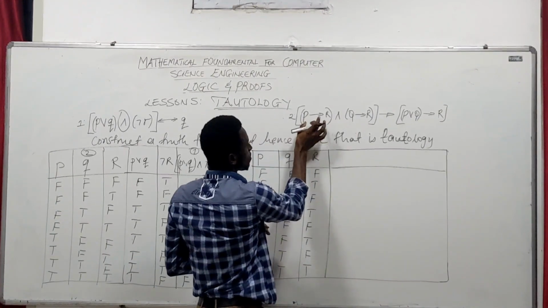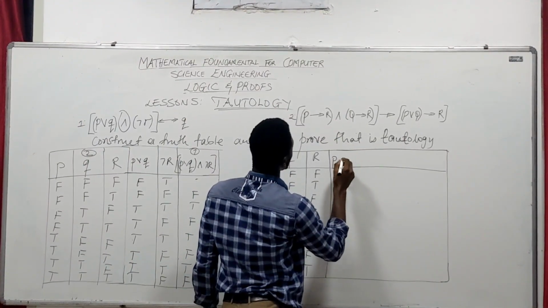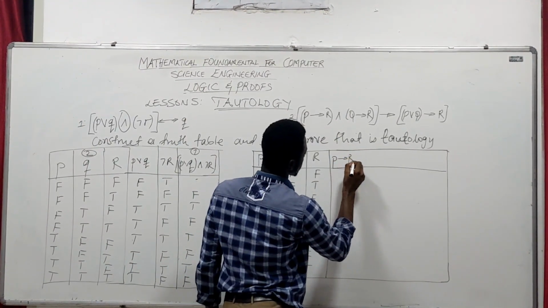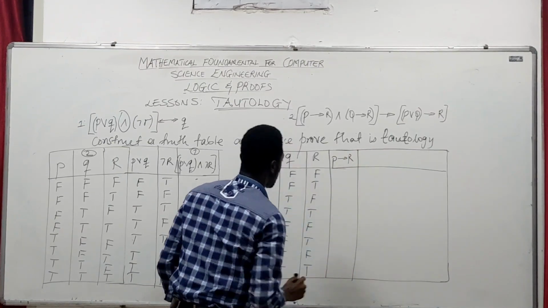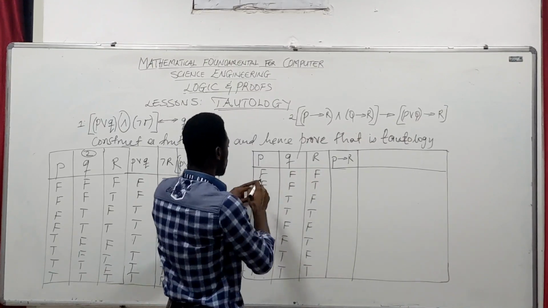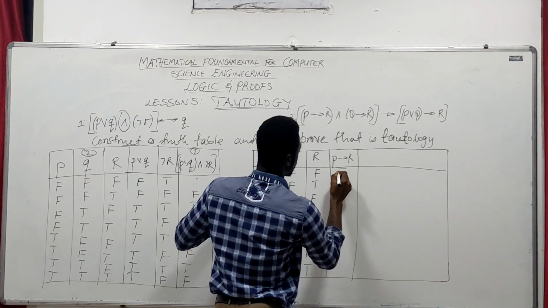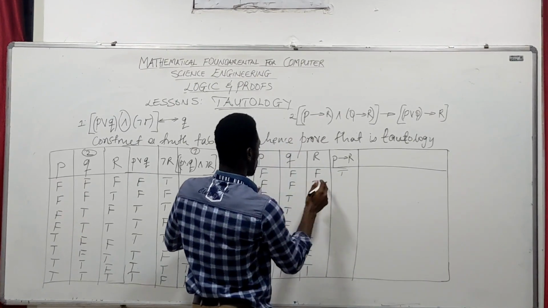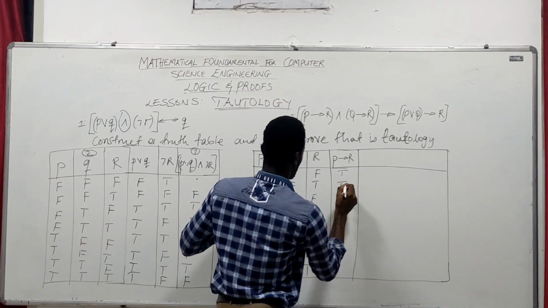So here we can start by constructing this table from P implies R. Okay? So let's compare P and R. P implies R. This one becomes true. This one becomes true.